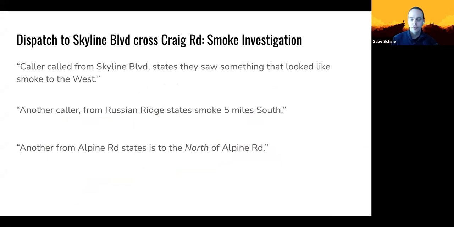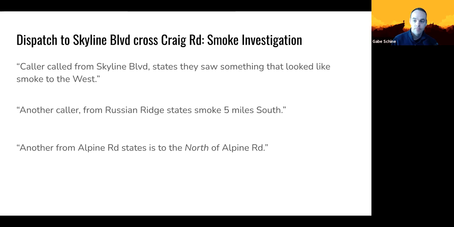It's a difficult problem. It's hard to do this well. And often it's impossible because the information the dispatchers are getting may not be all that accurate in the first place.